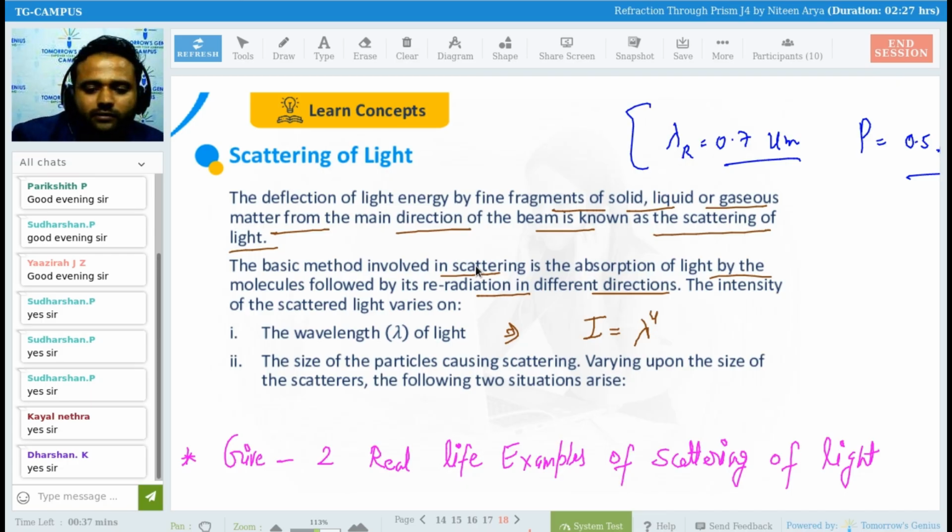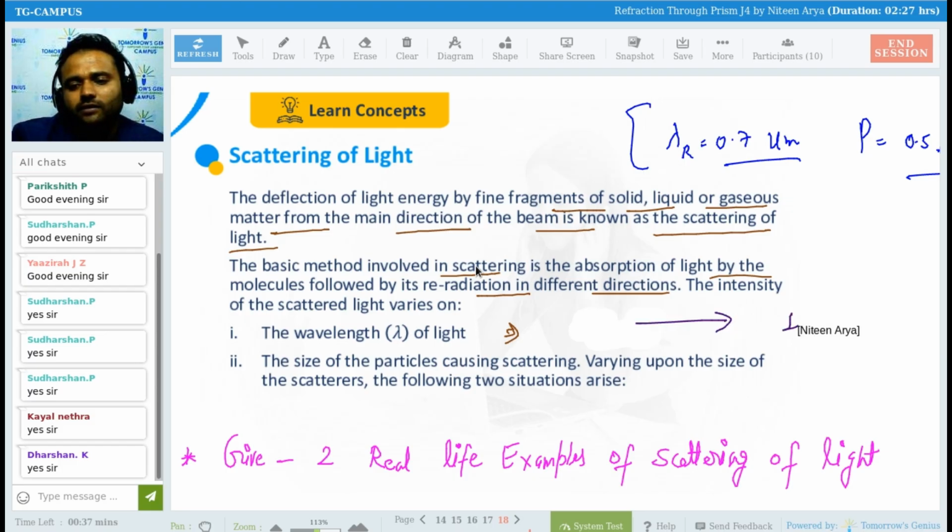Okay, not directly. So according to the Rayleigh scattering formula, the intensity of scattered light, I, is directly proportional to 1 by lambda to the power 4. That is your Rayleigh scattering formula. Okay. So the intensity of light is going to be this much.